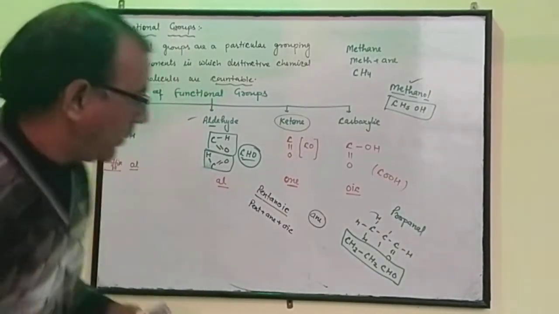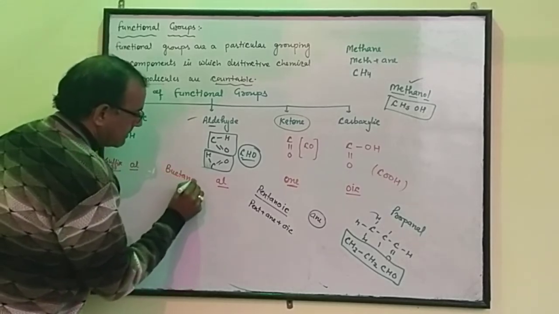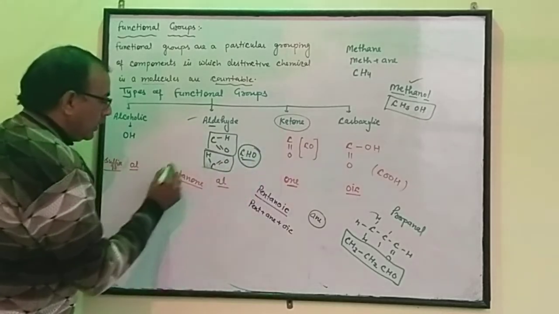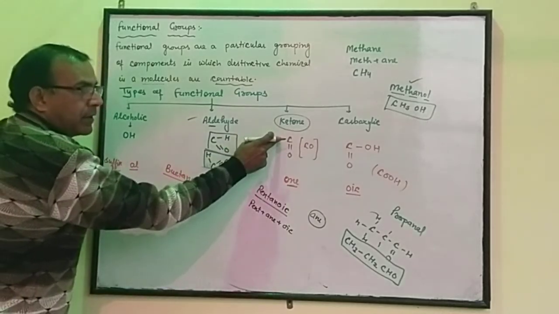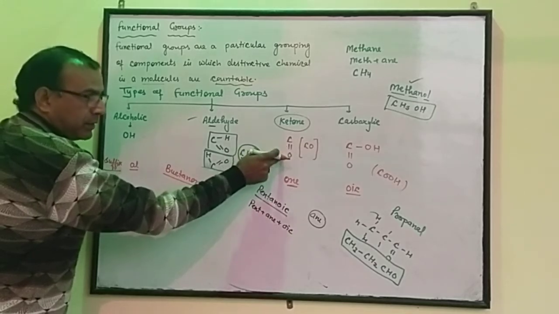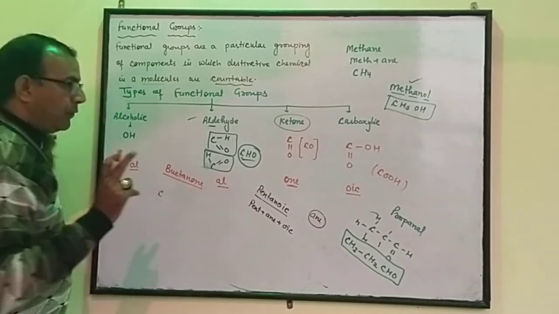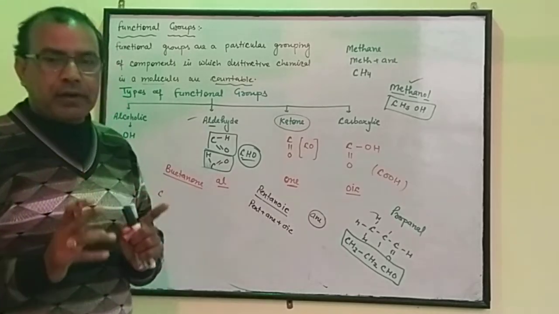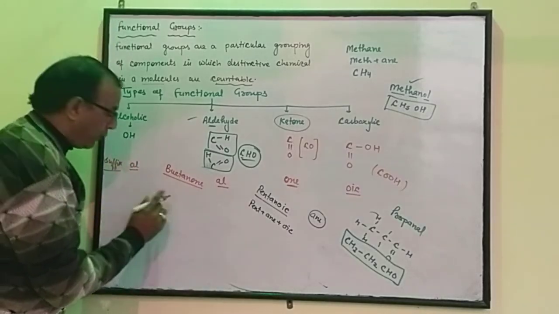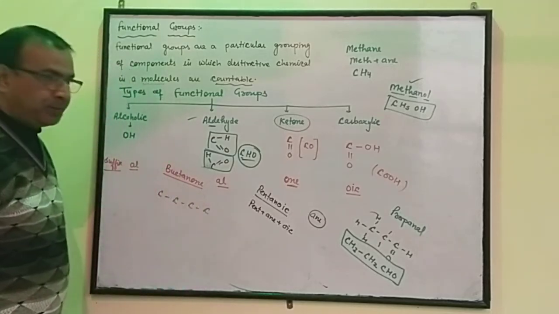Suppose we again draw a chemical formula of butanone. What is butanone? Butanone is a ketone group. In this, one carbon is attached on one side with a double covalent bond with oxygen. But carbon number 4. And we have already discussed all the functional groups are attached with alkane. So we will draw 4 carbon atoms, 4 carbon molecules, such like.